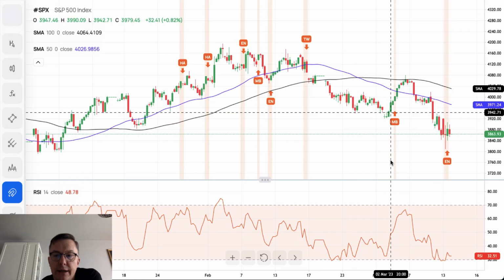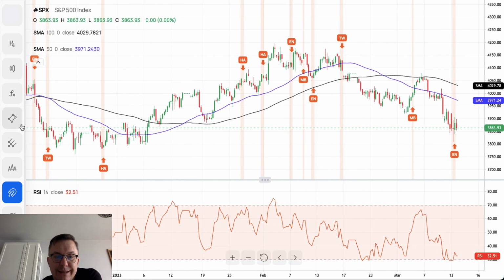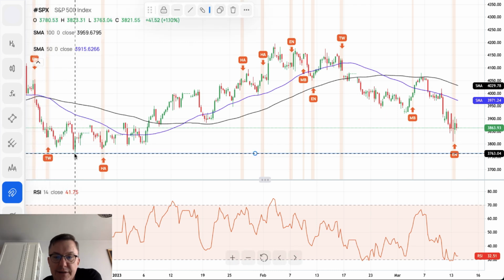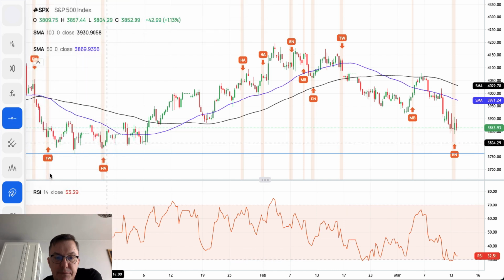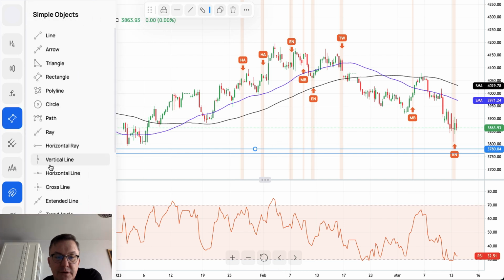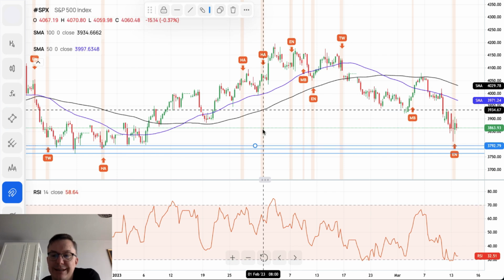Our chart is showing us some signs of weakness. We got this very nice technical support located at 3,763. We got the other technical support located at 3,780. So a very narrow zone, and maybe one more last line for the technical support, 3,792.